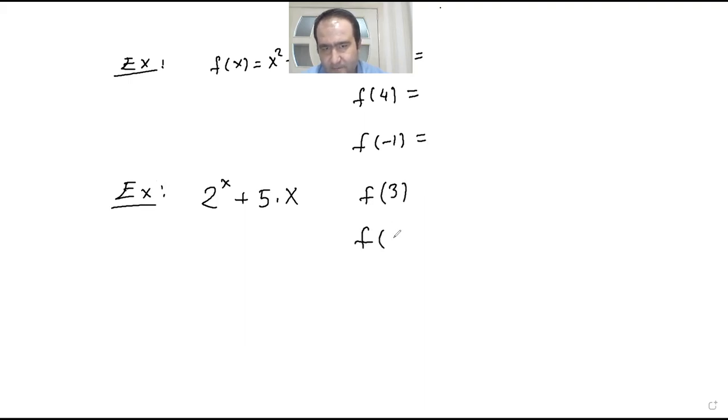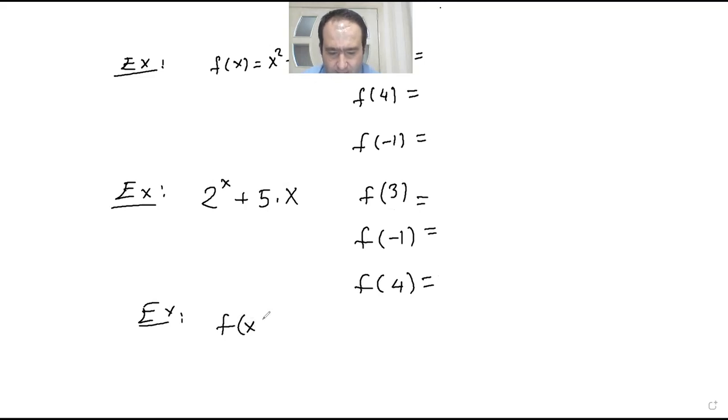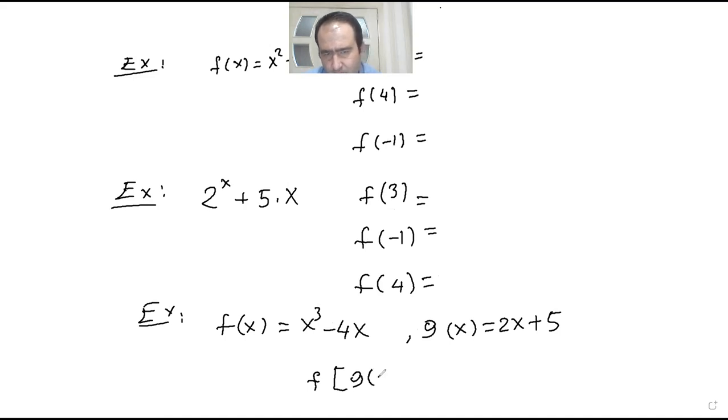What is f(minus 1)? And what's f(4)? Let me show you. And another example, f(x) equals x cubed minus 4x and g(x) is 2 to the power x plus 5. What's f(g(2))? We can find all of them.